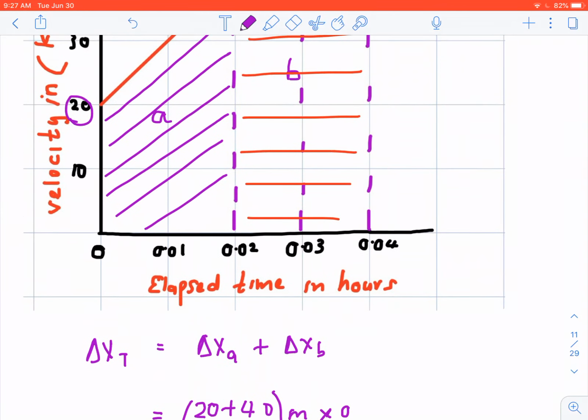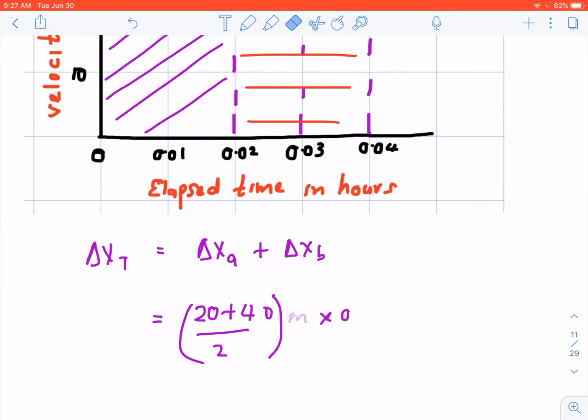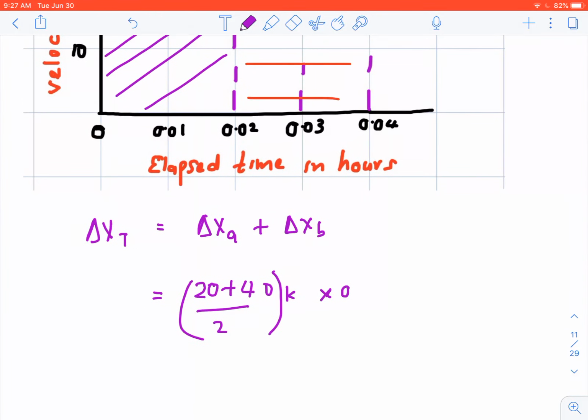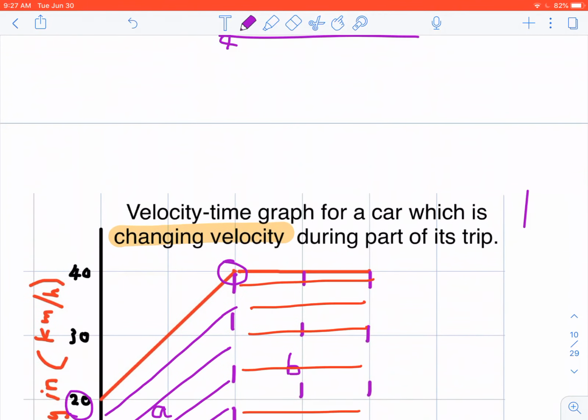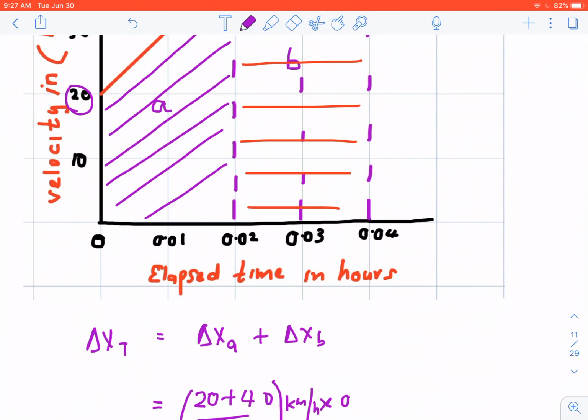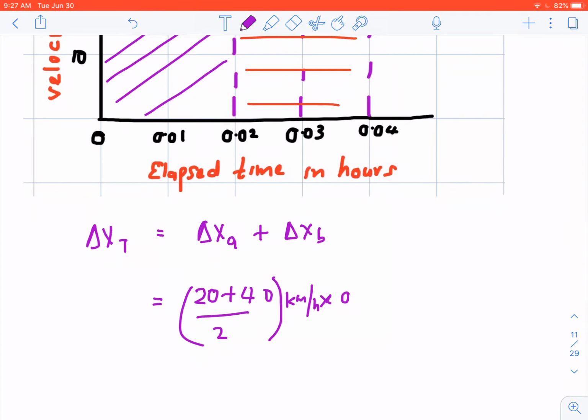So that's not meters. We need to be careful because I'm saying it's meters. It's not meters. It is kilometers. See, it's velocity, so it's kilometers an hour. Kilometers an hour. Right, kilometers. Let's just do this properly.